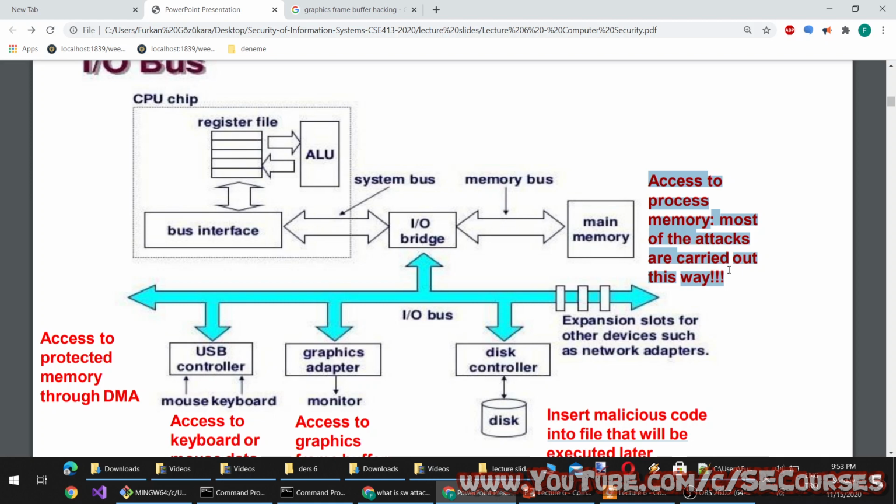And there is access to process memory. This is also another of the most common ways. Also, this is not only applied to computers. In many other devices, this is the source of hacking in most cases.